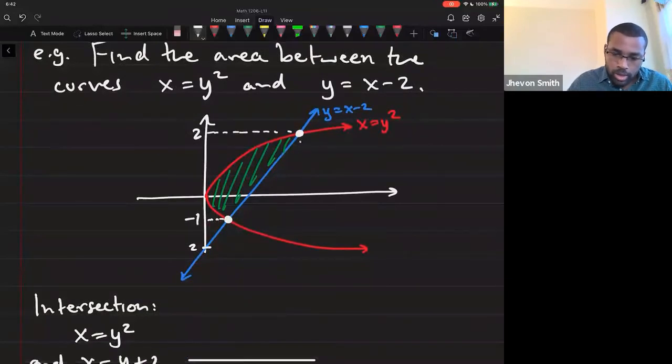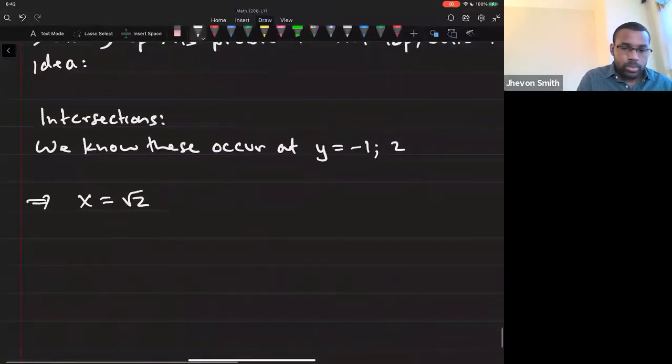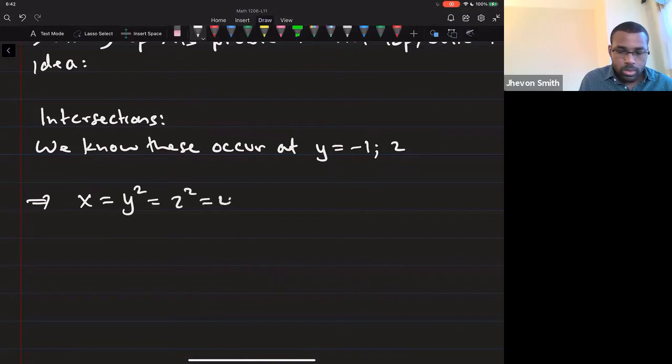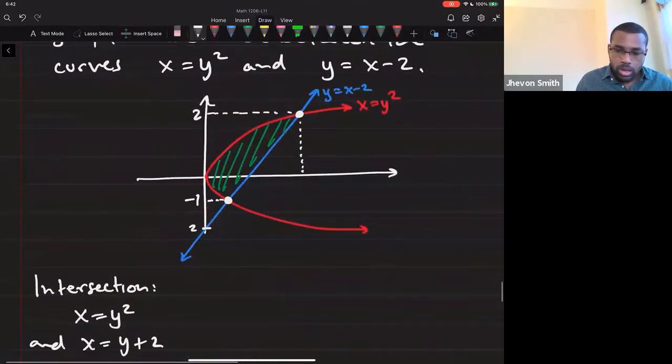Because I actually want to find this point here. X would actually be 4. And x would be, the other place I want is when it's -1.